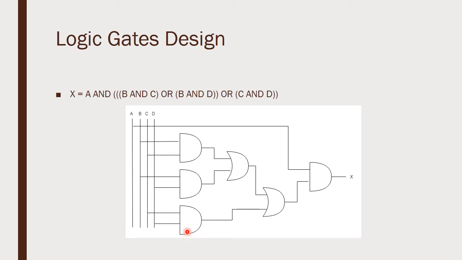Then between these 3 pairs is the OR gate. It doesn't matter which one you do first. Either you do the one on top first or the one below first, but it must be two at a time because the OR gate only has two inputs and one output. You cannot have three inputs.